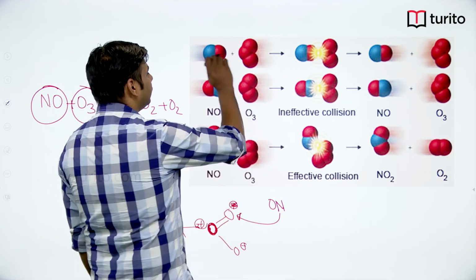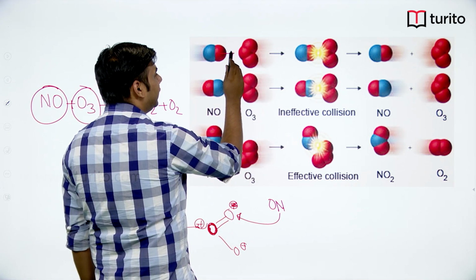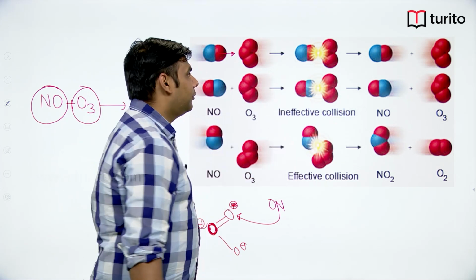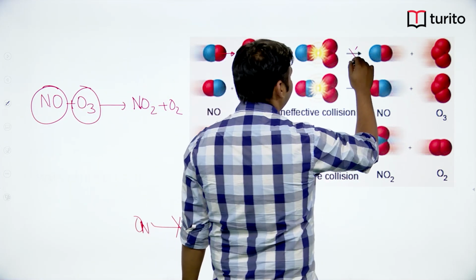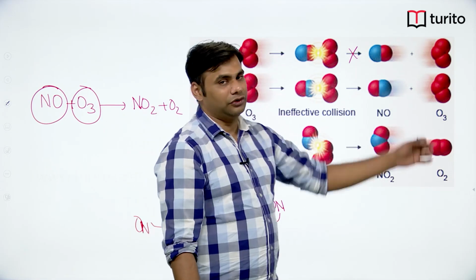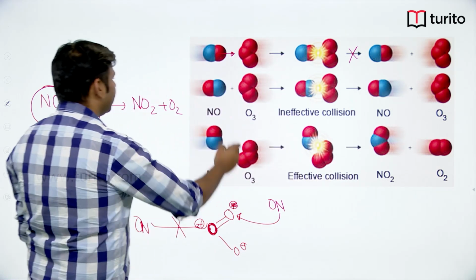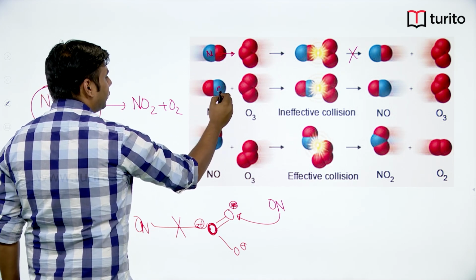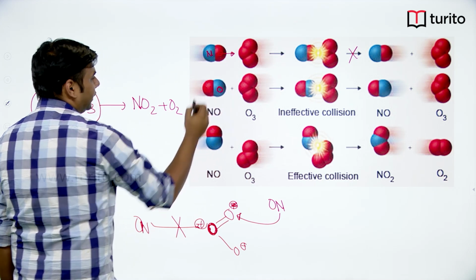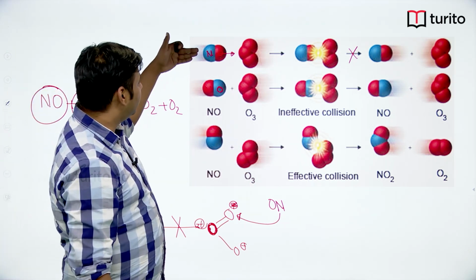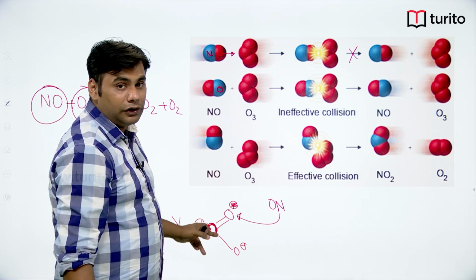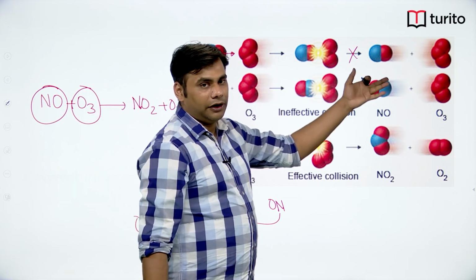So look at this. This NO is going and colliding with the oxygen over here. So this collided, but this didn't result in the formation of product. We got back NO and ozone only. Similarly, suppose this was your nitrogen end and this was your oxygen end. So this oxygen went and collided with the oxygen at the center of the ozone, and nothing happened.